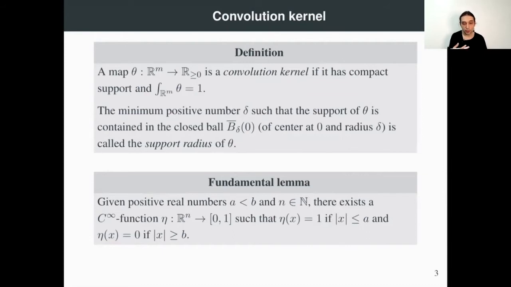Okay, and what we have here is that if we replace the function eta with the quotient of eta and its integral, the integral of course is a positive number because it is the integral of a non-negative function, but that is equal to 1 in the ball of center at the origin and radius a, so the integral is at least going to be the volume of such ball.